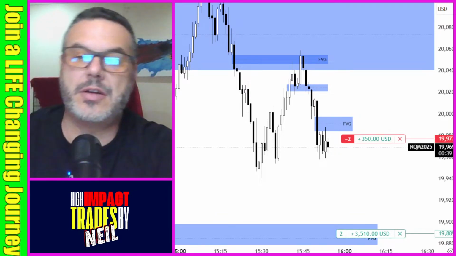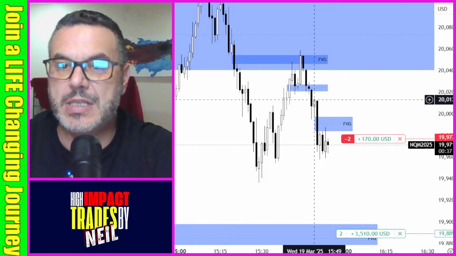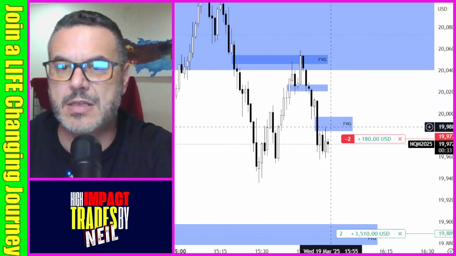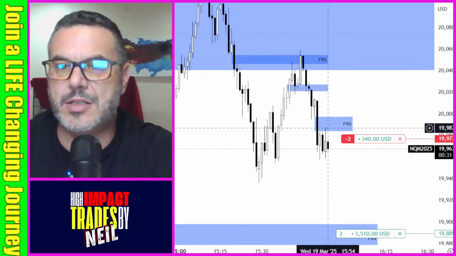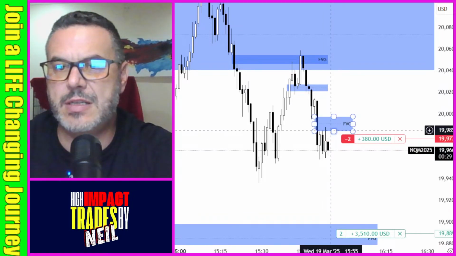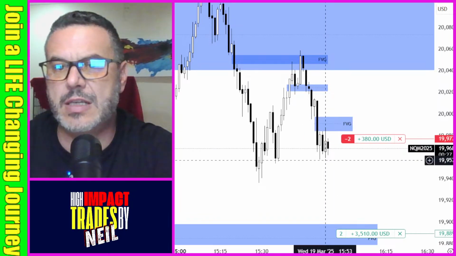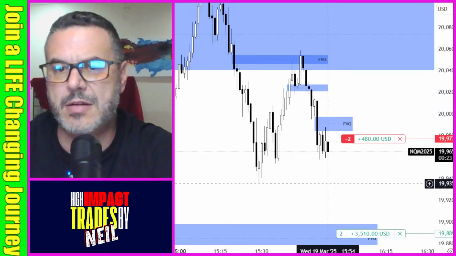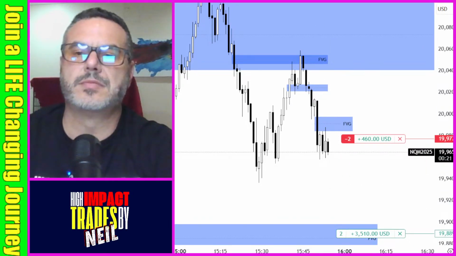Remember what I said earlier, we got the swing point here, closed below, fair value gap, so we could have waited for this to then short it up here. As you can see, very minimal drawdown, and hopefully we can close below this low here now and take us lower.